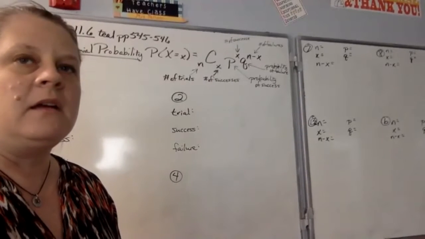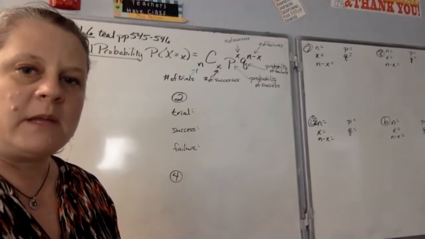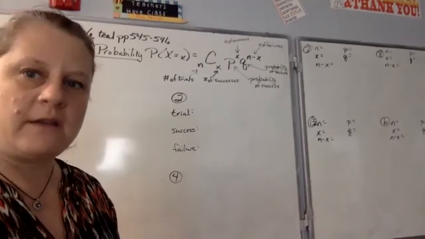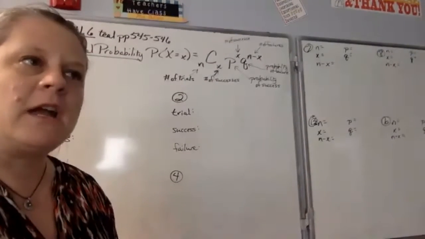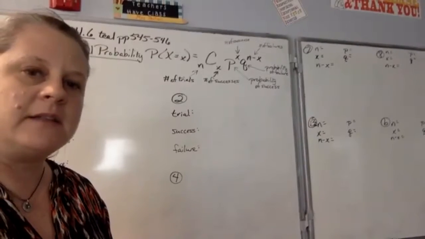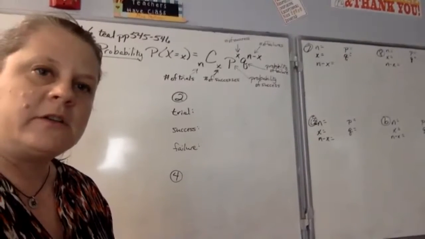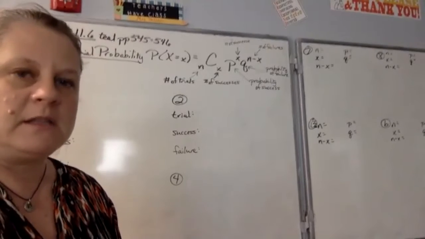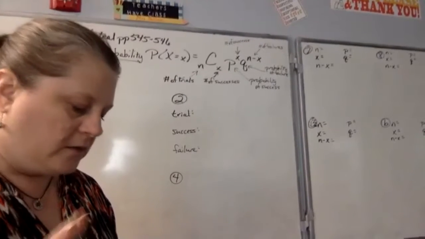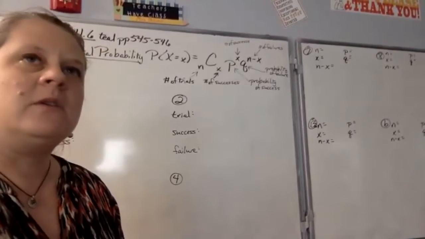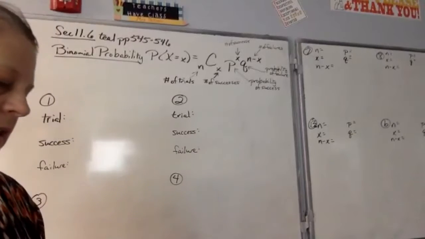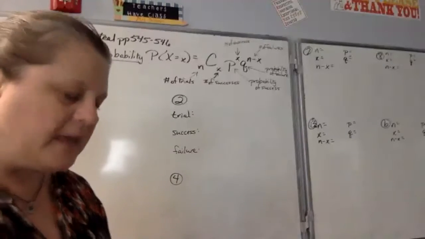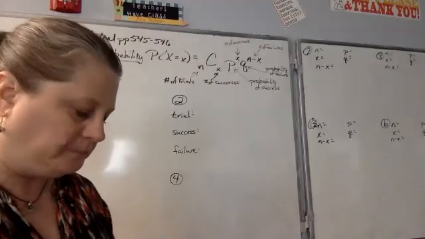If you flip a coin, you have how many choices? 2. You have heads or you have tails. If you're trying to get it to land heads up, that would be considered your success, and landing with tails up would be considered a failure. So those are your 2 things. If I was doing it 20 times, then that would be my number of trials, my N. It's how many times you actually do the experiment.